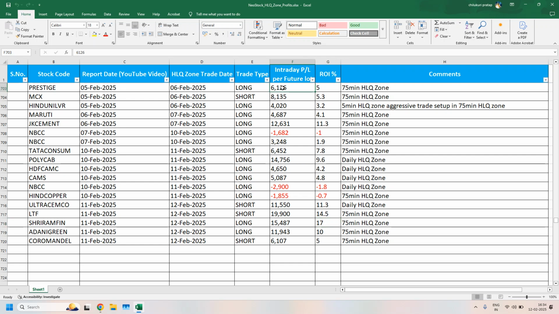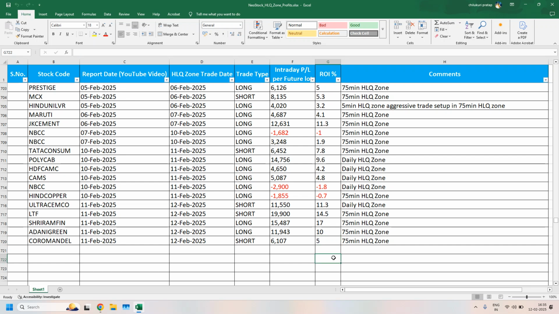So in this page, how many stocks do you have? 18 stocks. Out of these 18, only 3 are stopped out. And moreover, the ROIs are very good. Today ROI is 10%, 17%, 14.5%, 11.3%. This is the least ROI, 5%. Generally, we feel 5% is a very good profit.